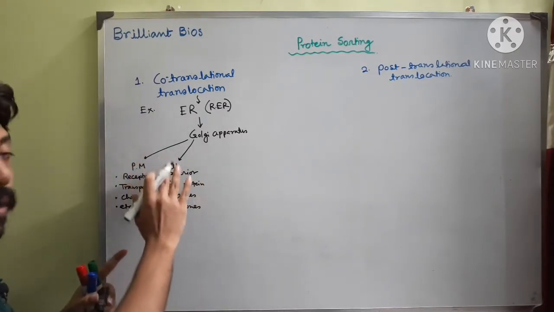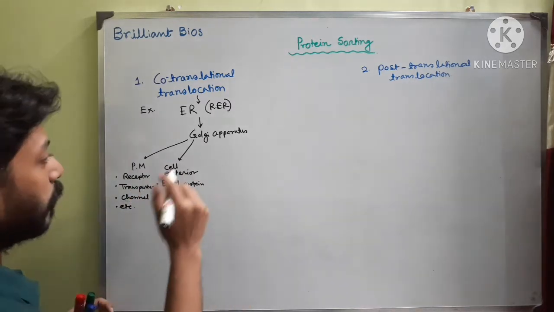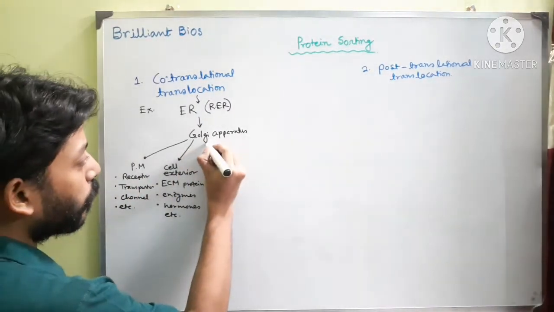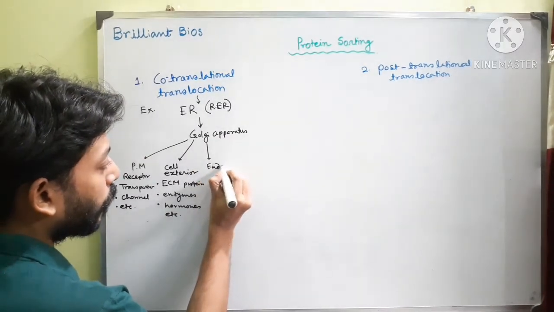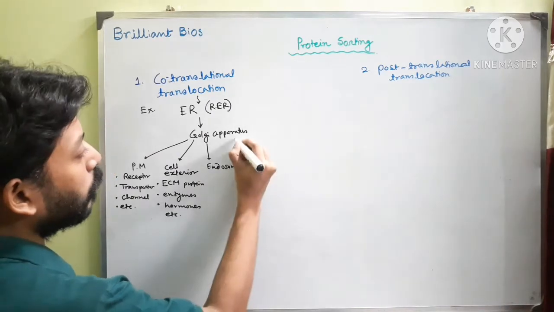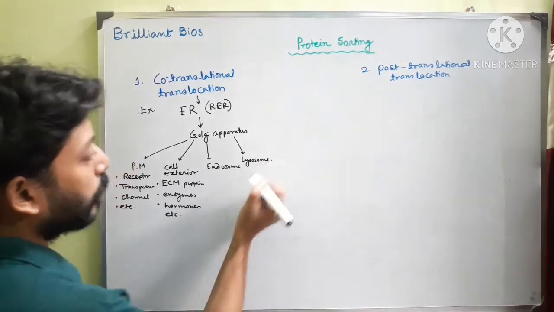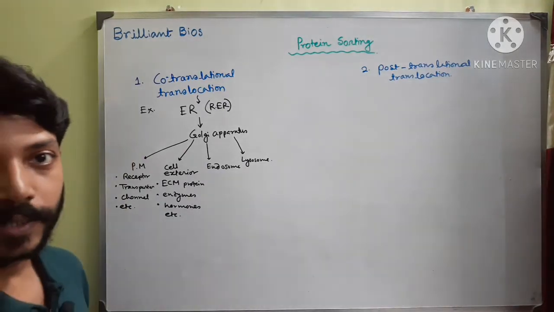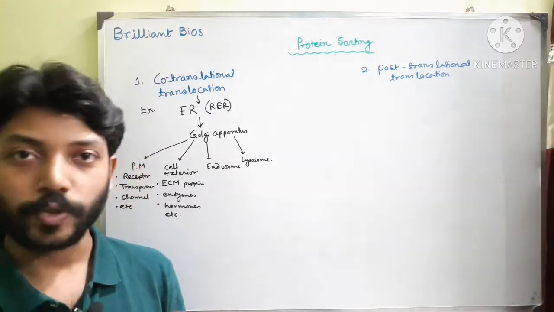These are all called secretory proteins. Then from the Golgi body, the protein can move to the endosome or directly to the lysosome. So there are four destinations for co-translational translocation.